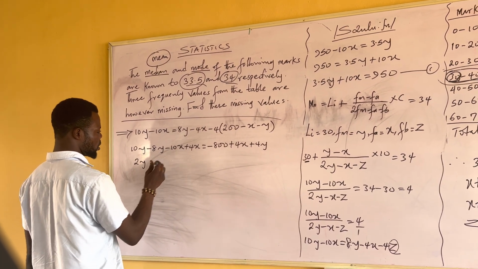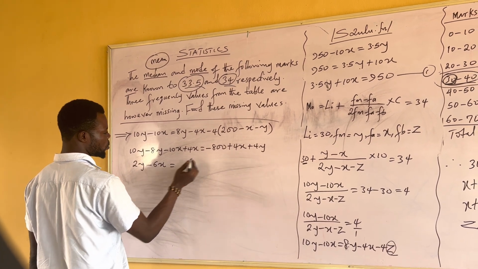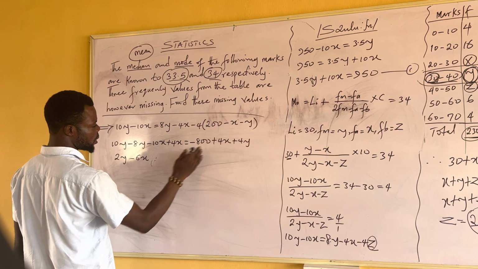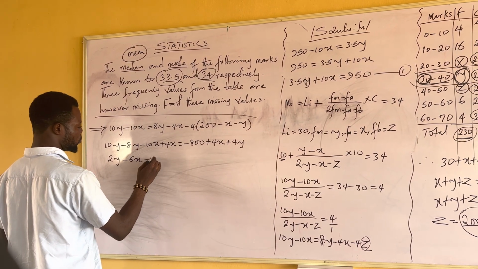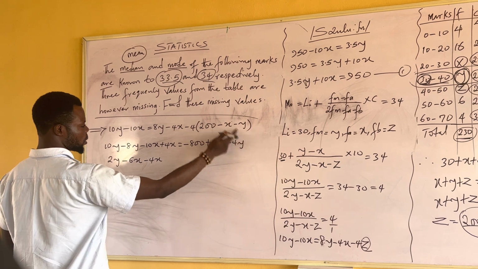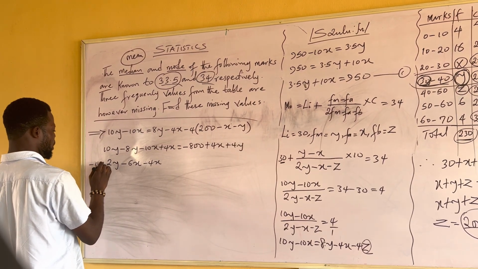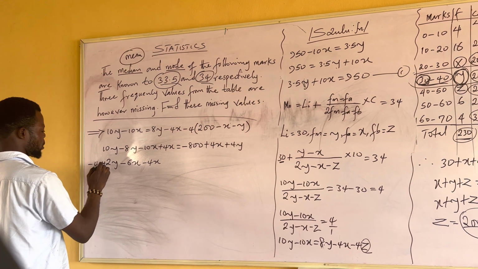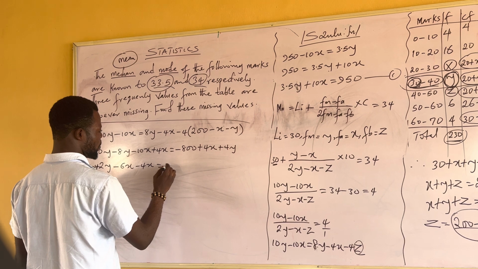Then this and this will give me minus 6x equal to, or let this come here. When this comes inside, it will give you minus 4x. When this comes here, it will be minus 4y. So let me write it like this. Minus 4y then equal to minus 800.